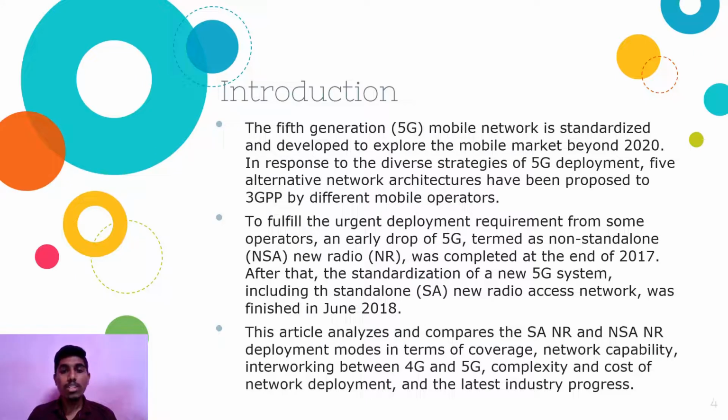To fulfill the urgent deployment requirement from some operators, an early drop of 5G, termed non-standalone New Radio (NR), was completed at the end of 2017. After that, the standardization of a new 5G system, including the standalone new radio access network, was established and finished in June 2018.